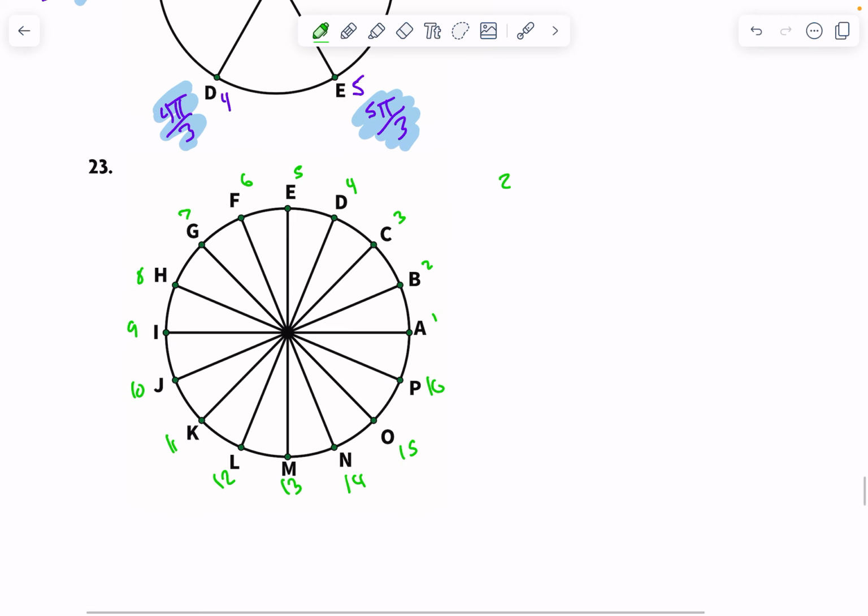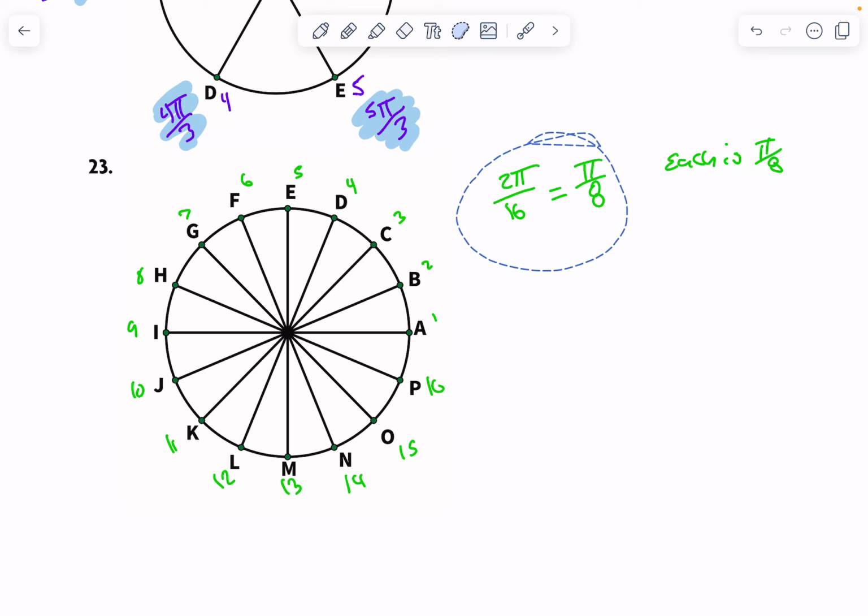So then again, 2 pi over 16 is equal to pi over 8. That means that each of them is pi over 8. That's what I want you to understand. That each of these little cuts here is pi over 8.